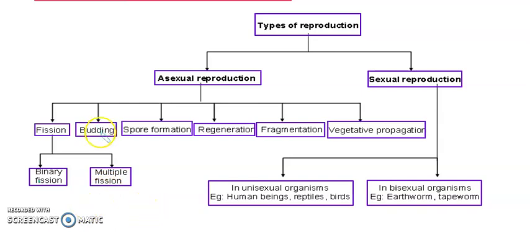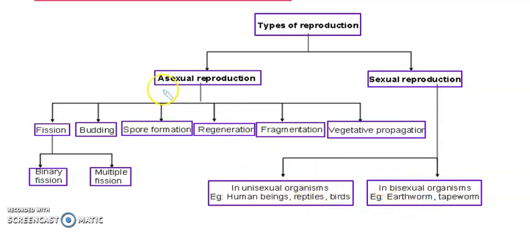The next are budding, spore formation, regeneration, fragmentation, and vegetative propagation. We are going to look into all of these types of asexual reproduction one by one. And sexual reproduction is seen in unicellular organisms and bisexual organisms, so we'll be talking about both.